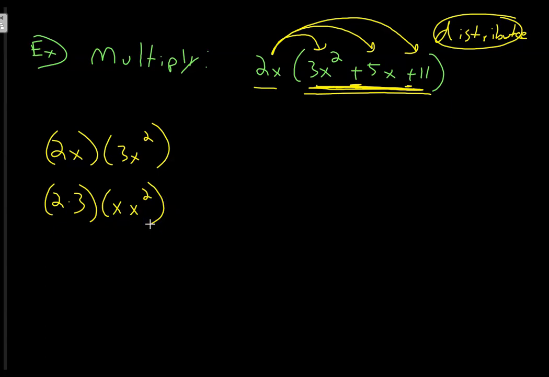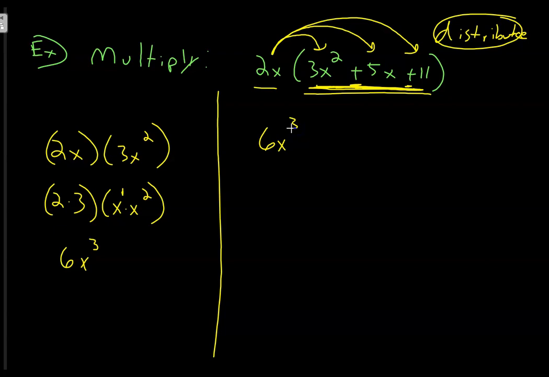So 2 times 3 would be 6. X times x to the second power, that's an exponent here of 1, and that's times, so that gives you x to the third power. So when I multiply the first term, the first number should be 6x to the third power.